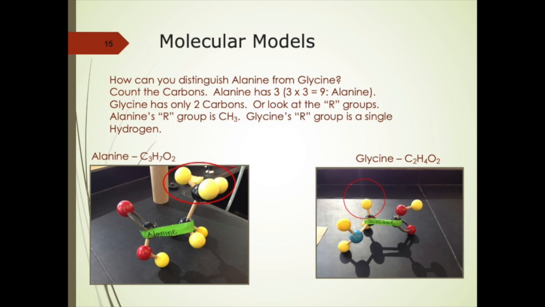Alanine has 3 carbons, and then glycine only has 2 carbons if you look at the empirical formula. Alanine's R group is CH3, and then glycine's R group only has a single hydrogen.